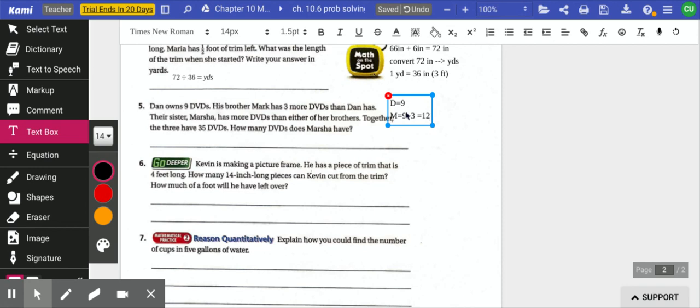Together, the 3 of them have 35 DVDs. So I don't know Marcia. I'm going to put Marcia with an S. Marcia is my unknown number of DVDs. And this is 9 DVDs, and this is 12 DVDs.